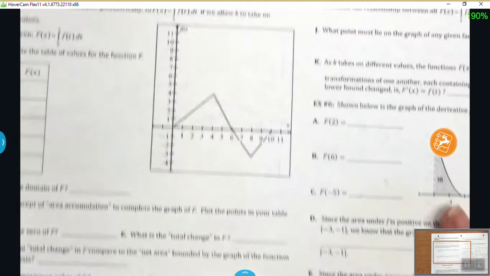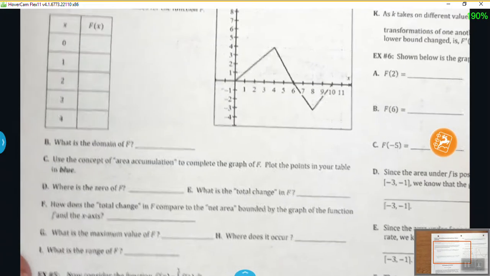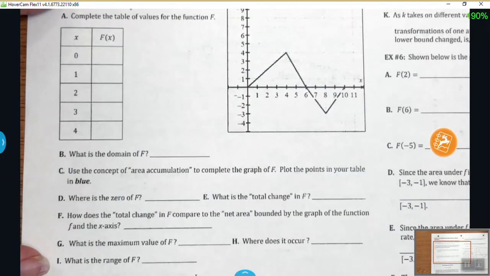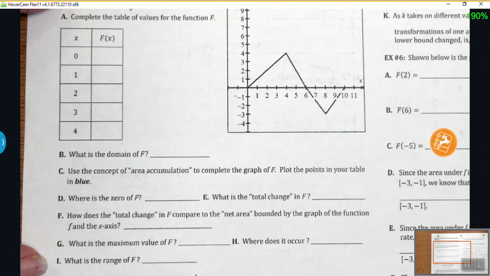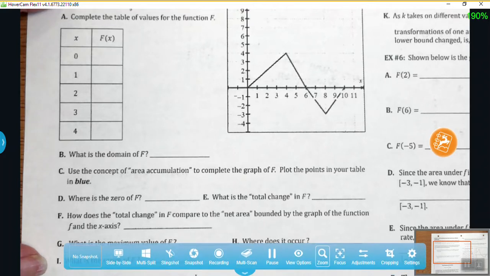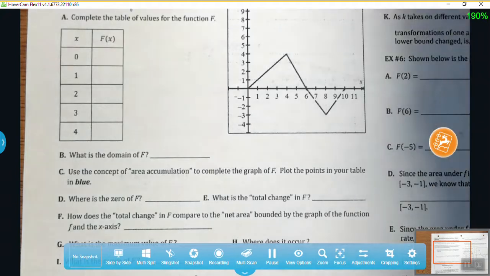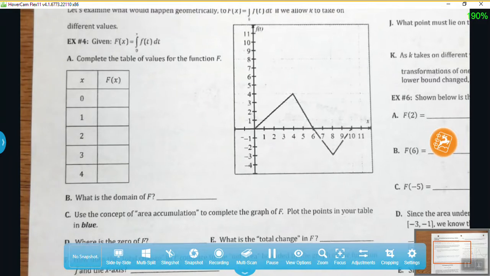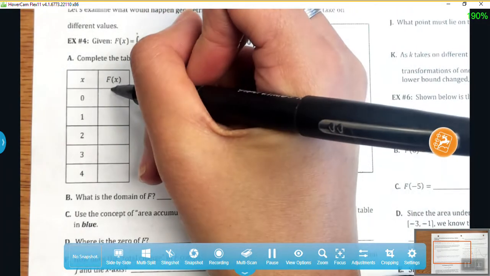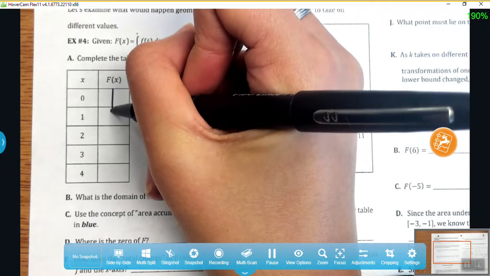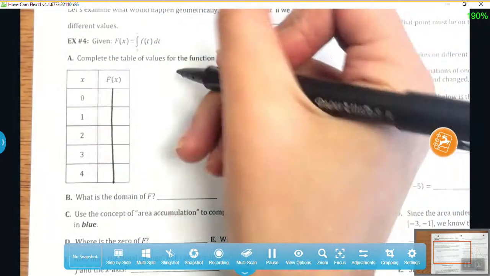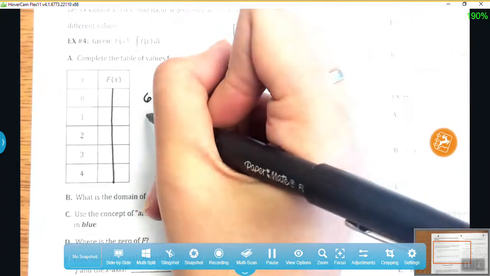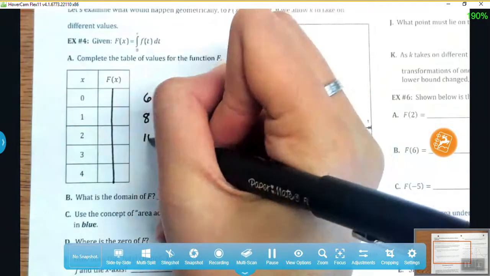Okay, cool. I want you to do example 4. Only go up to I. Don't do example 5 yet. Let's just do example 4. For example 4, just split it right here, because I'm going to have you use this table again for example 5, and then evaluate it also at 6, 8, and 10.